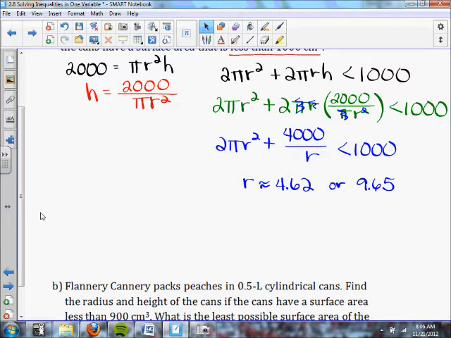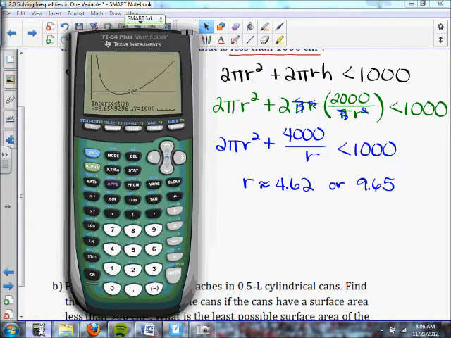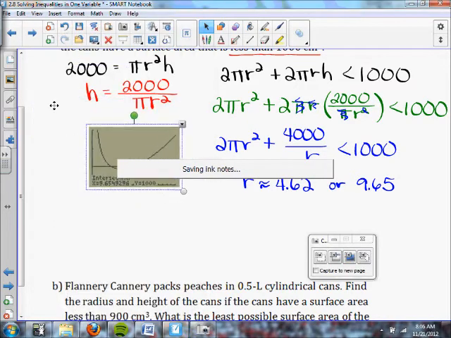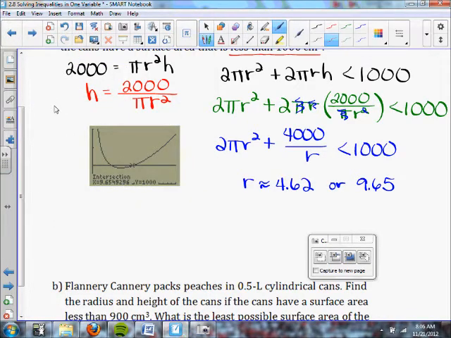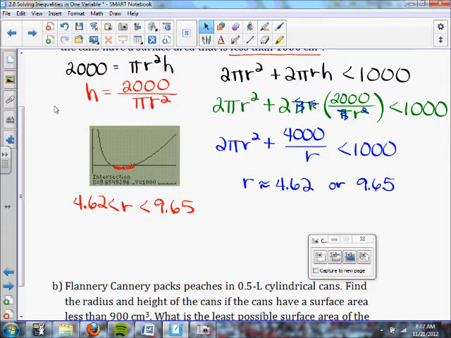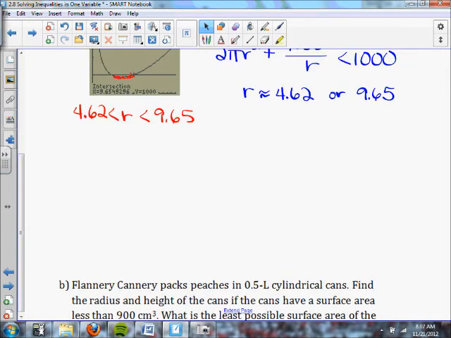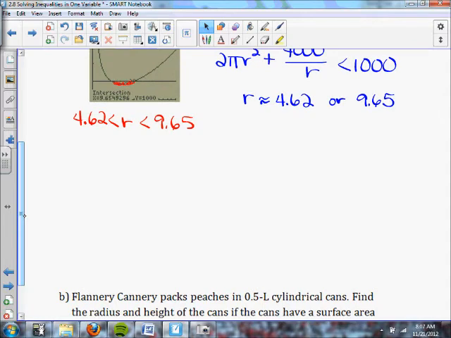Now, if this has to be less than 1,000, that means less than 1,000 will be here. So that means my radius has to be greater than 4.62 and less than 9.65. Okay, this is where it gets a little different for you, thinking wise and mathematically. Okay?